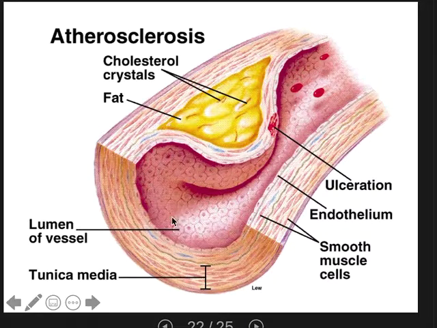And what can happen, and what does happen, is that as it's moving through the artery, it actually goes into the wall instead, and deposits the cholesterol here. Okay. So cholesterol in and of itself is not problematic.